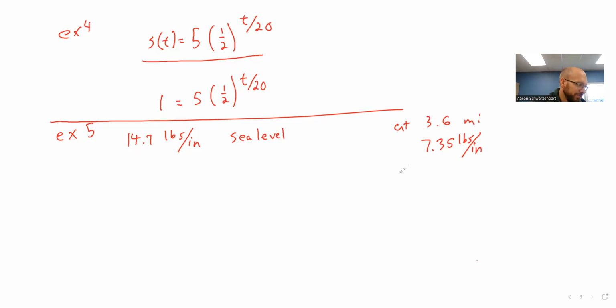So I know it halves every 3.6 miles. It asks, when will it be 4 pounds? So my P of T I'm going to use for pressure this time is 14.7. I know it's halving.